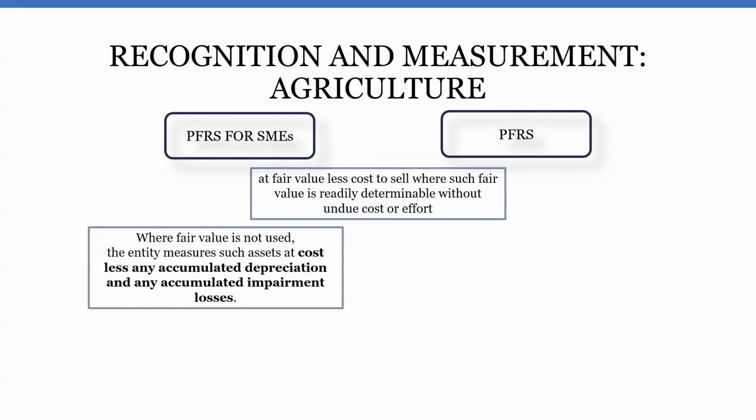Where fair value is not used, the entity measures such assets at cost less any accumulated depreciation and any accumulated impairment losses. So katulad nga nabanggit nila, if hindi readily determinable yung fair value, pwede siyang gumamit ng cost less accumulated depreciation and impairment losses for SMEs.